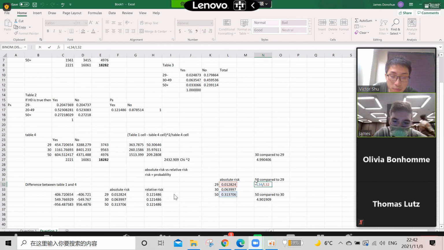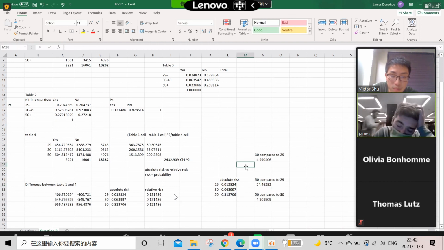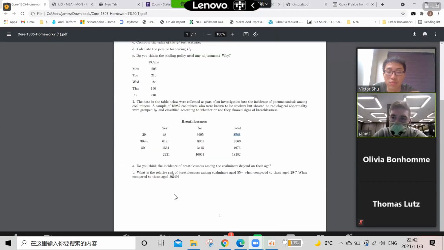Okay. Yeah, I don't think he went over this type of relativity in class, so this is appreciated. Yeah, I think this is one way to do this problem, and I am pretty flexible as long as you provide a rationale and say how you compare those data, like the over 50 years old coal miners and the middle-aged ones.